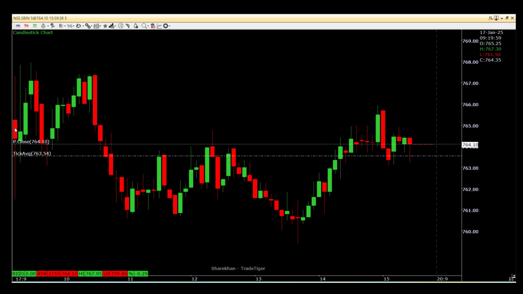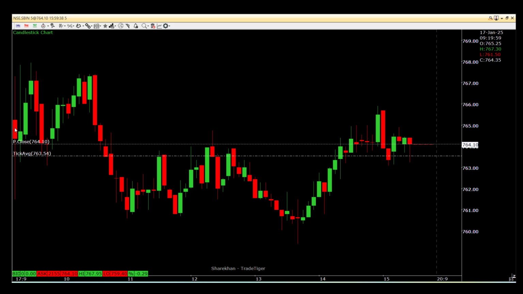O means open. Open means where the State Bank of India price opened when the market opened at 9:15, it was 765.25. Then there is a high, 767.30. High means in these 5 minutes State Bank of India went up to 767.30. Then there is L. L means low, so it came down to 761.50.